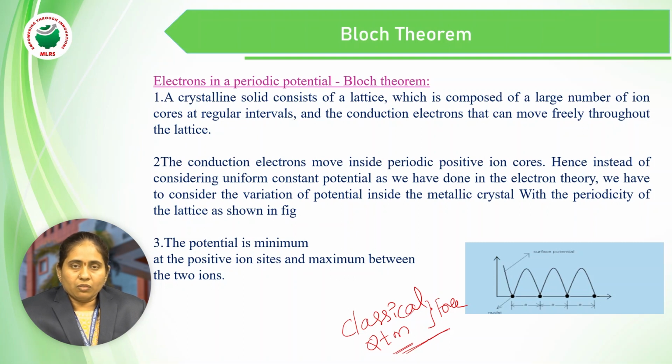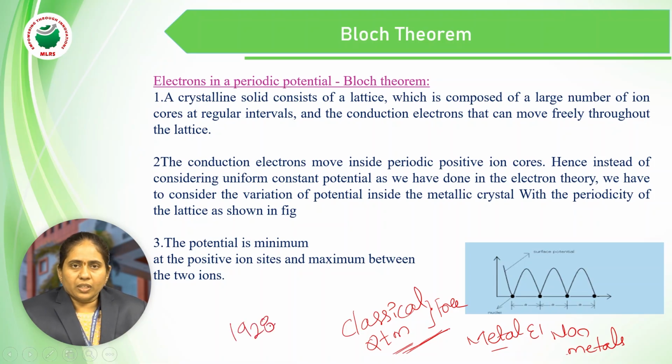There are failures in quantum free electron theory. The failure is that we cannot differentiate materials into metals and non-metals, which is a failure of the classical as well as quantum free electron theory. That was successfully explained by Bloch in the year 1928.